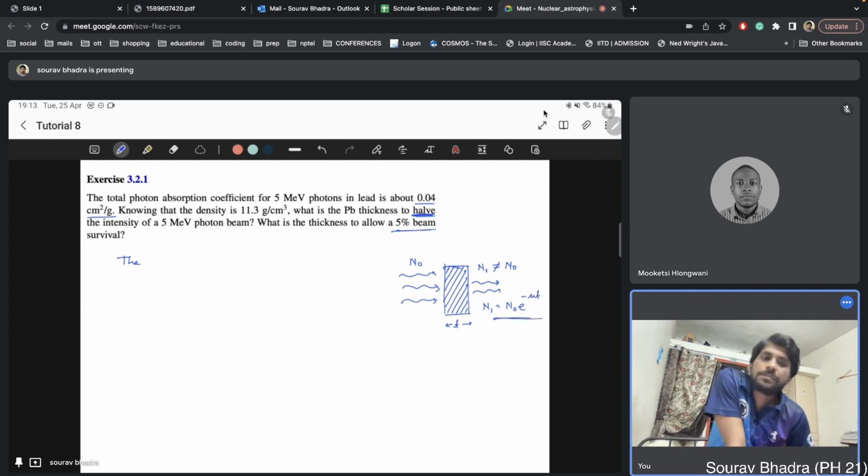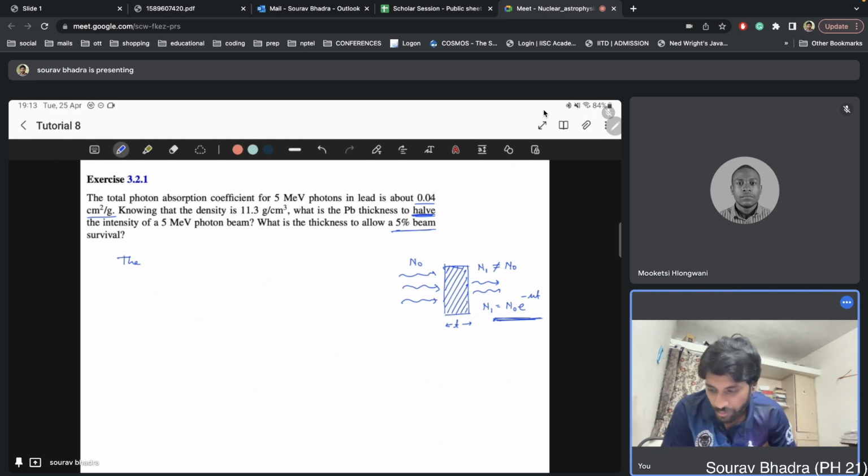So you can express the photon intensity coming out of that material by this equation, which relates the outgoing radiation with the incident radiation. That is the theoretical understanding we need.